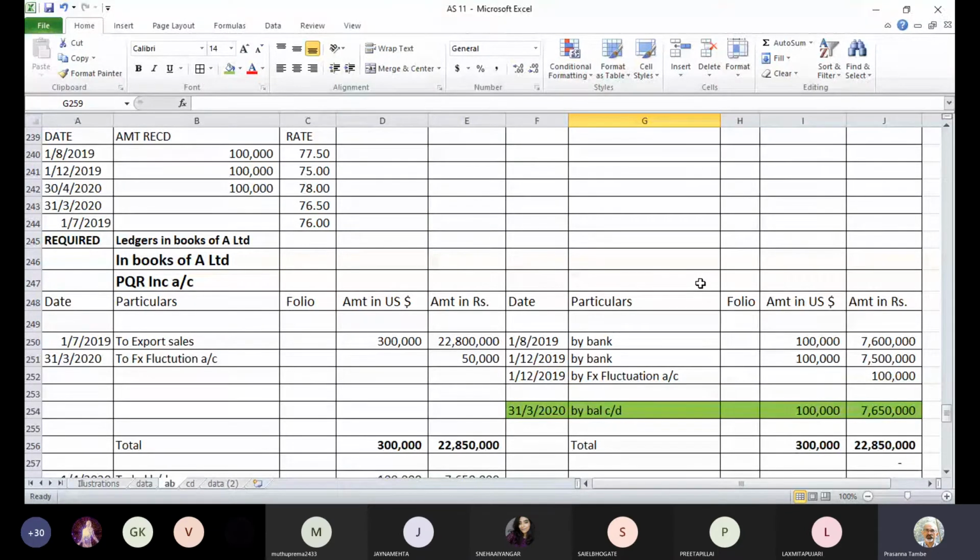Whatever is the outstanding balance in PQR account at the year-end rate, which was 76 lakhs 50,000, will be credited to PQR Incorporated account. And anything excess above that, which will be your gain, will be credited to FX fluctuation account. So your gain of 1,50,000 will be credited to FX fluctuation account. This is how we are going to pass the entry on 30th April 2020.